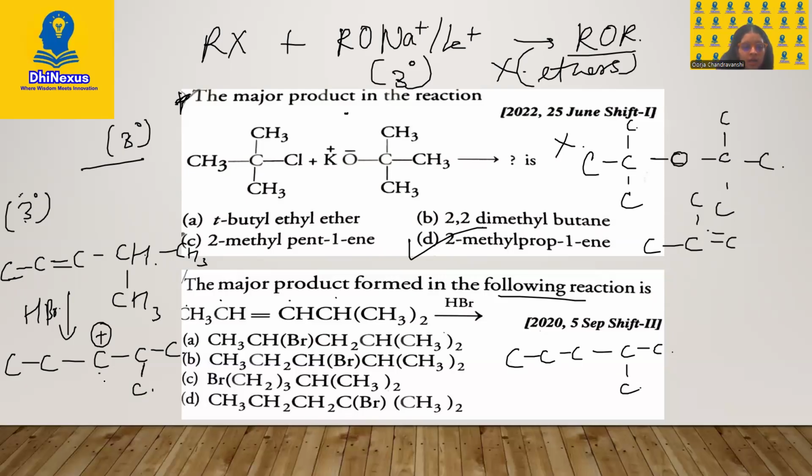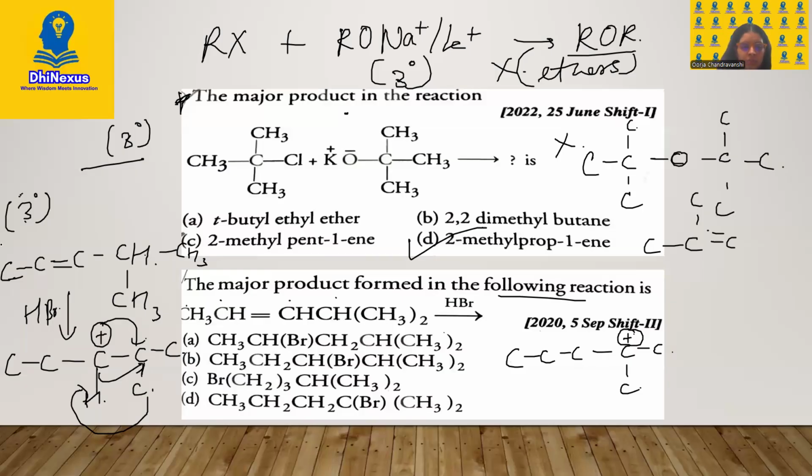If suppose I have a hydrogen here, then this hydrogen goes here and my carbocation comes here. So this is what I get. Now my carbocation is here.